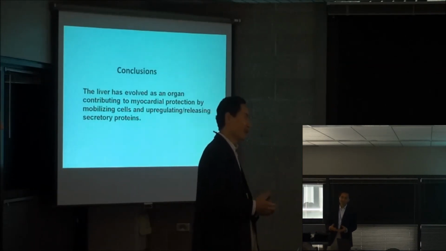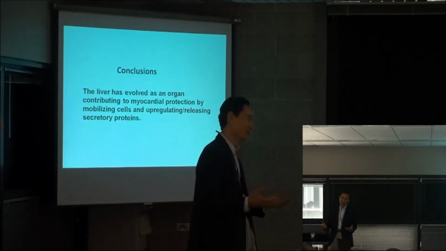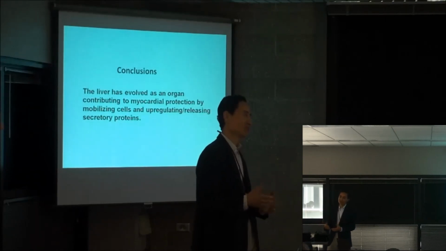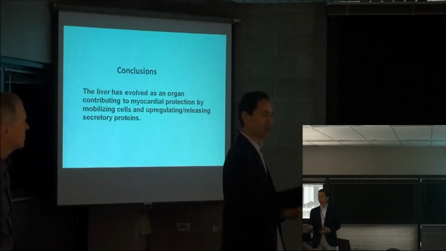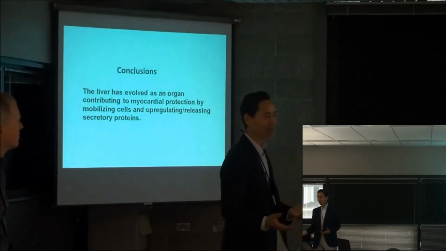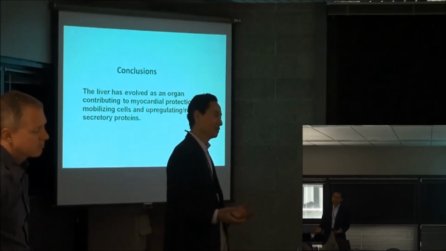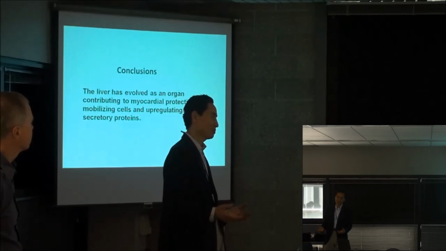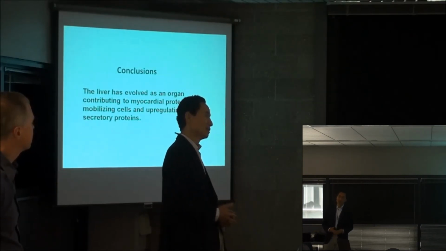Now if you try to block that, you just cannot block liver cell mobilization. You cannot block liver cell secretion of this protein either. You can use siRNA, we used that, but you cannot completely block it. siRNA can only knock down about 80%. There's still 20% protein there, and this 20% might also play a major role.